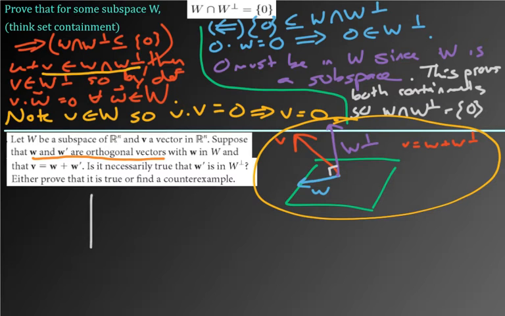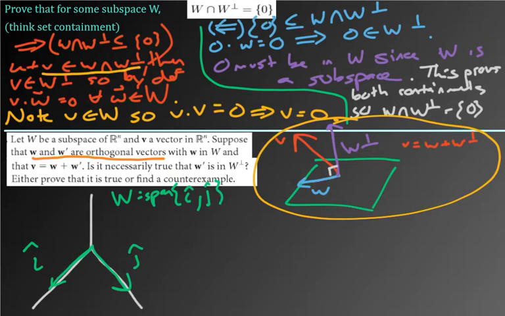Let's take i hat, j hat, k hat. So i hat and j hat, actually make them a little bigger. Okay, and then I'm going to say subspace W is just the span of i hat and j hat.